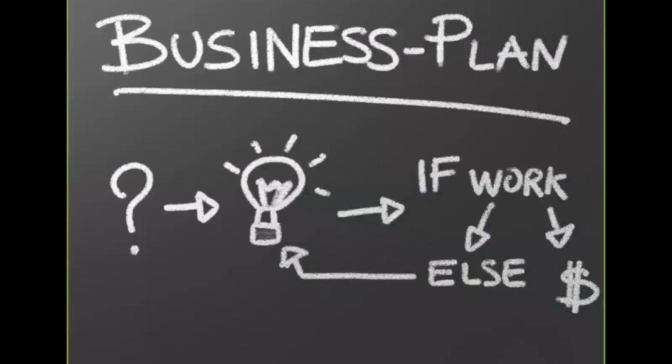So for your business plan, you start off with a lot of questions. You want to know if something's going to work, and what happens if it doesn't. So your business plan is going to have all types of information in it. A lot of this information, you've got in your head already. It's just taking it and putting it down on paper. And a lot of people feel intimidated by putting it on paper, but I tell them all the time, it's all in your head.